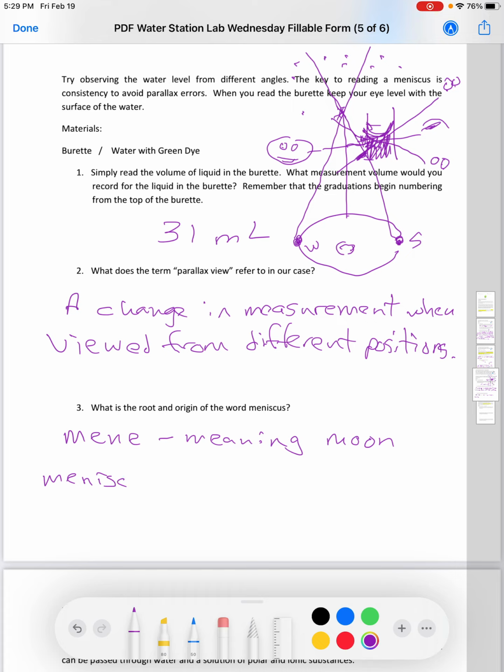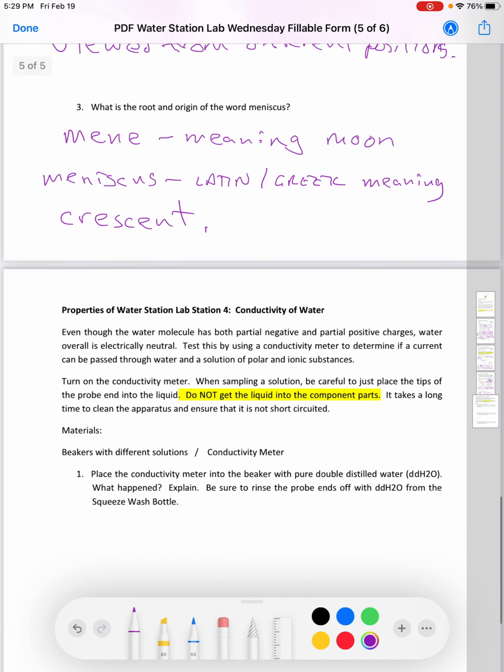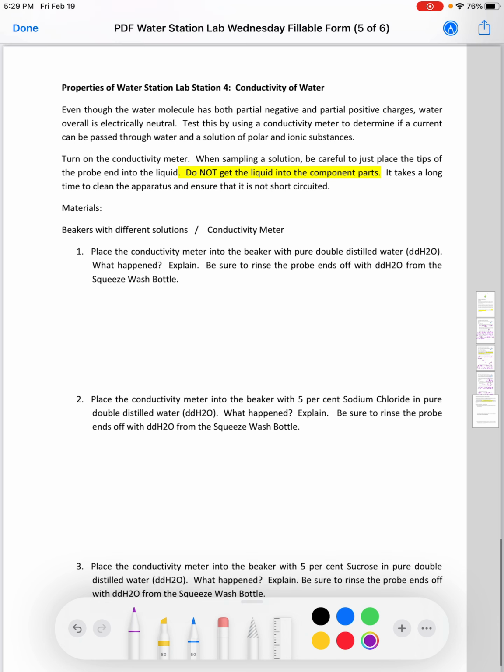I'm not going to go back and look it up, but meniscus is Latin, and then it was previously Greek, meaning crescent, or from the crescent moon, just like a crescent roll. They are crescent shaped. So that's our obligatory science of reading, looking up word roots and word meanings.